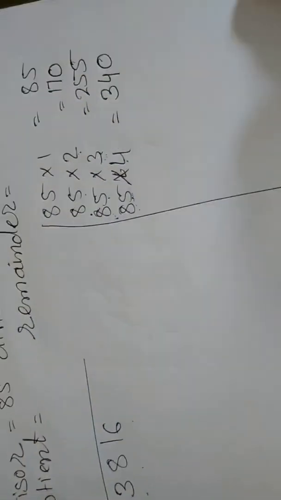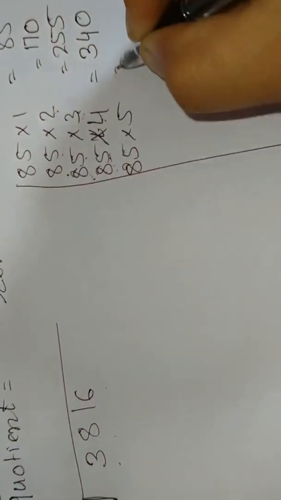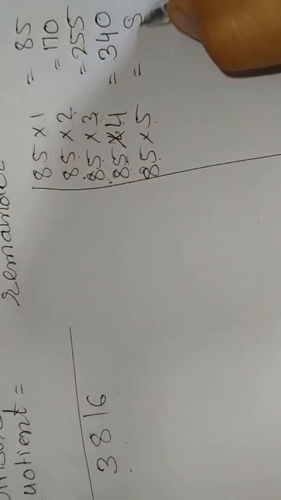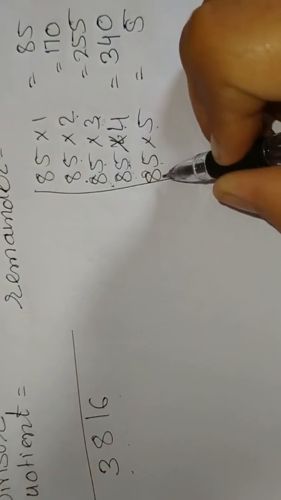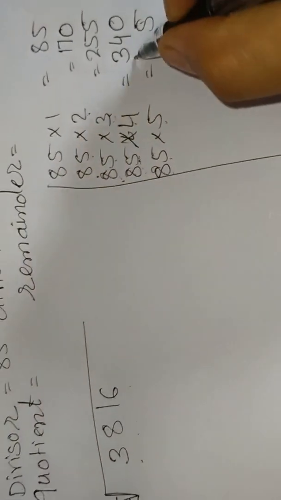So we write 340 here. 85 fives are: 5 fives are 25, we write 5 here, 2 is a carryover. 5 eights are 40, 40 plus 2 is 42. Answer is 425.